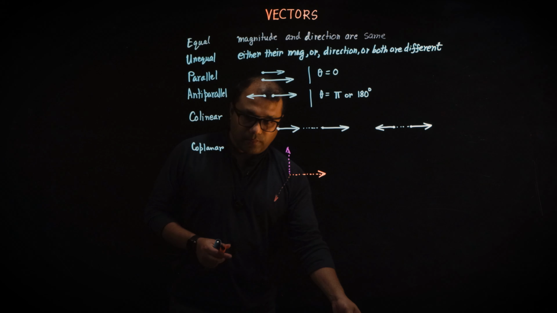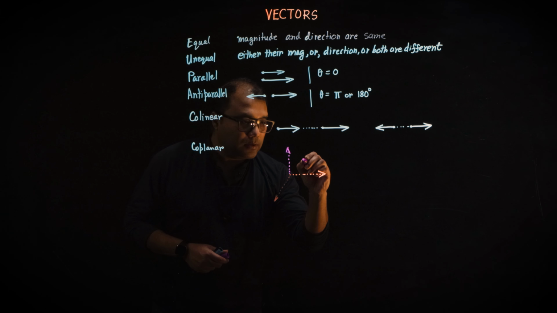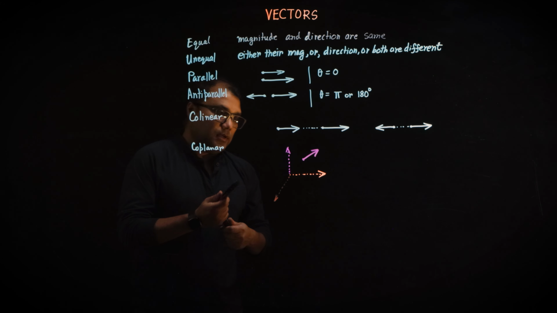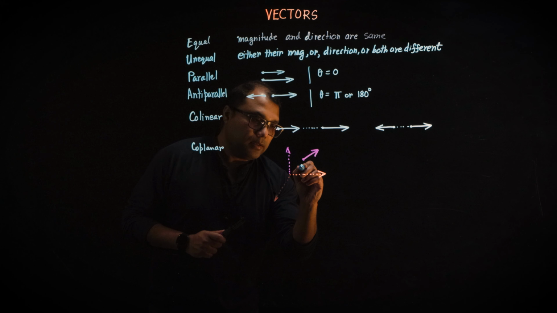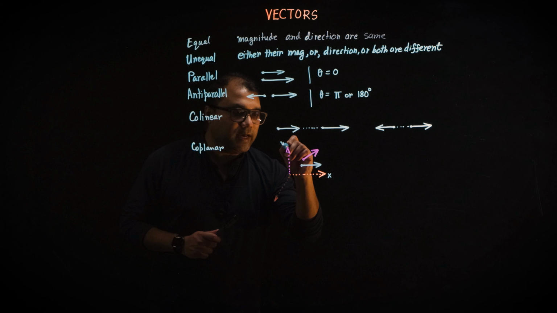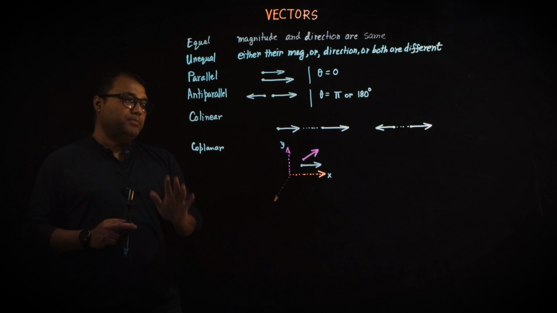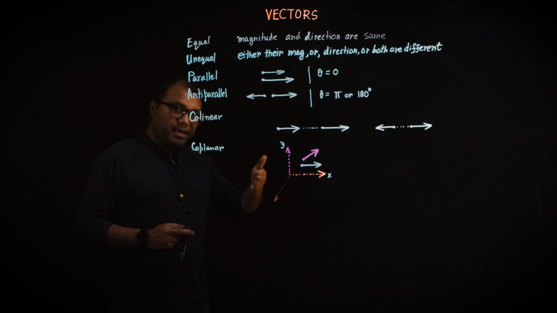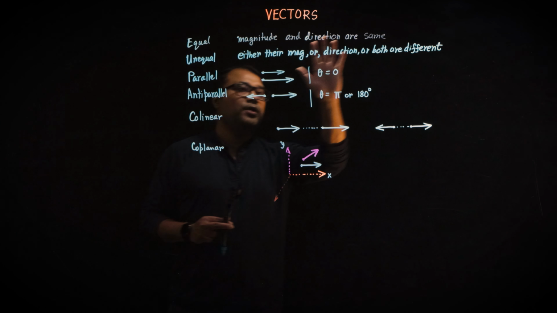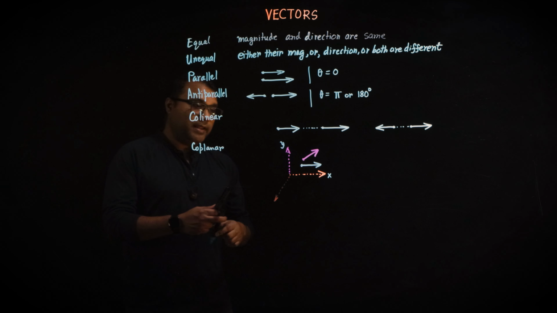If I have two vectors, one here and another here, both are in the xy plane, which means let's just imagine this board is my xy plane and the z-axis is perpendicular to this board. Any vector I am drawing on this plane is coplanar because they are in the xy plane.